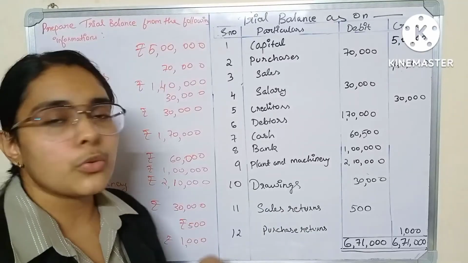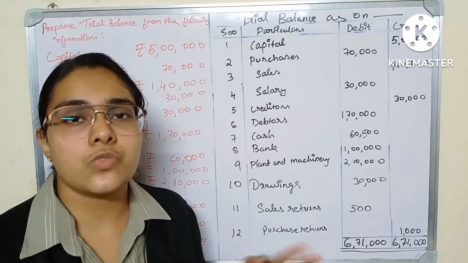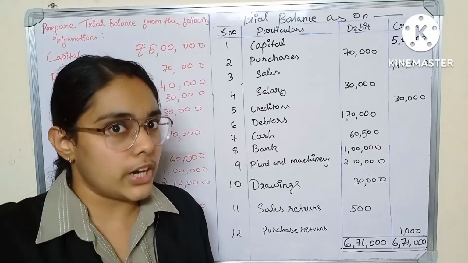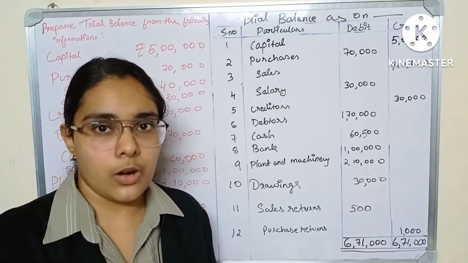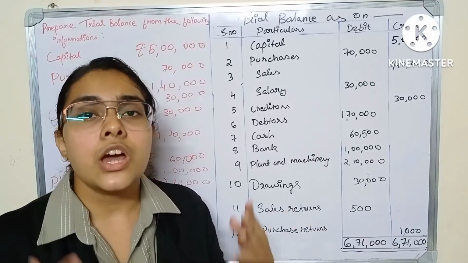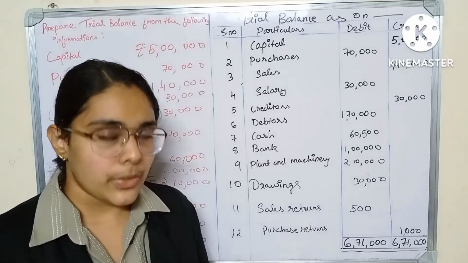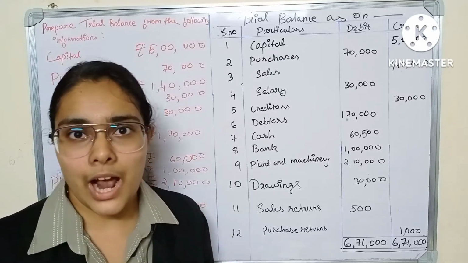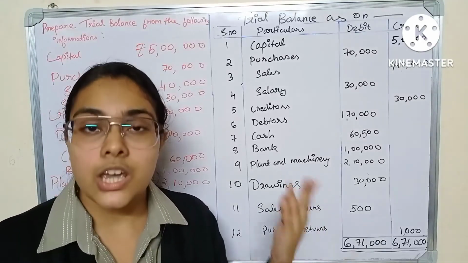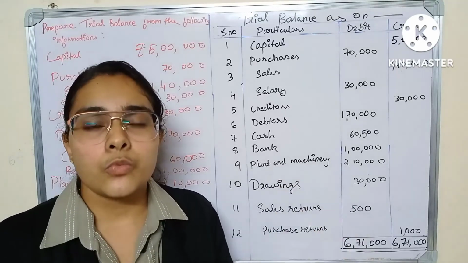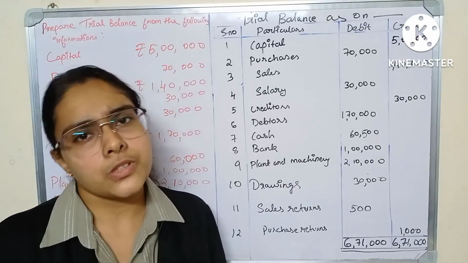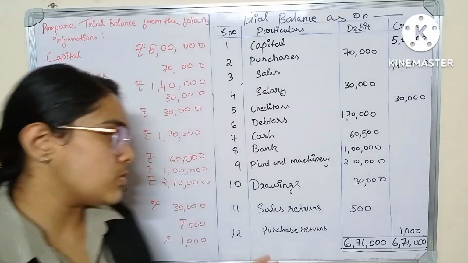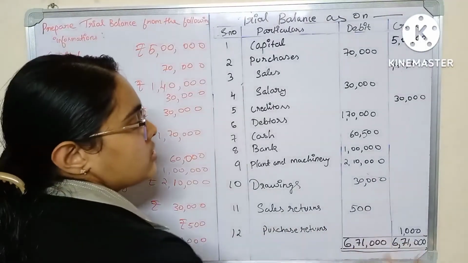You're returning it, so you call it purchase return, or return outwards. You're giving it outside your business, so it's known as return outwards. It is treated opposite to purchase. Purchases have a debit balance, right? It is a direct expense. So what will be the purchase return's balance? The opposite of that, that is a credit balance. So you will write it in the credit column.